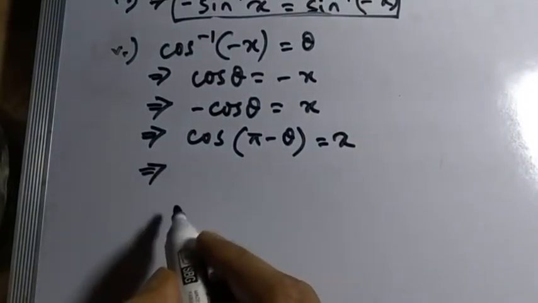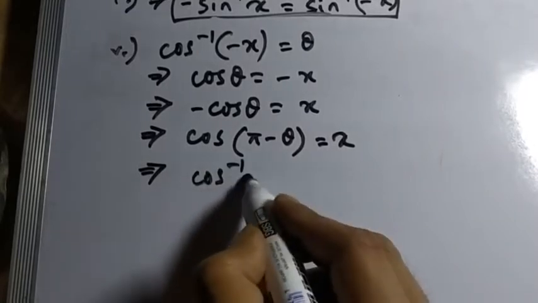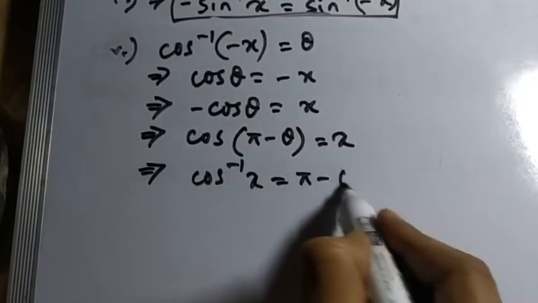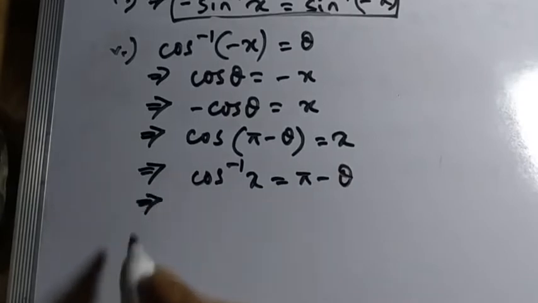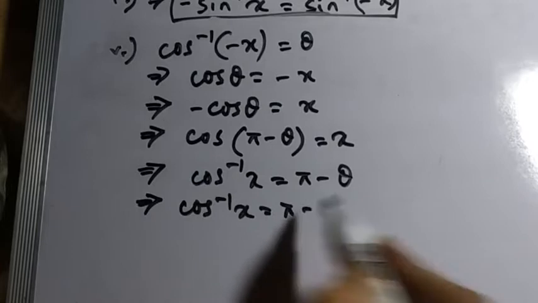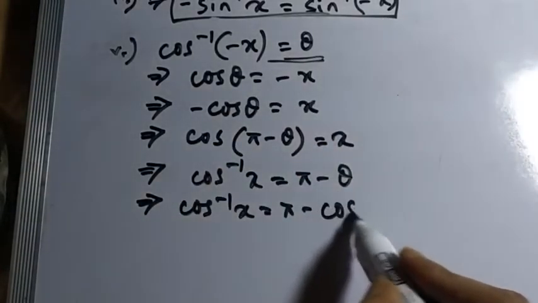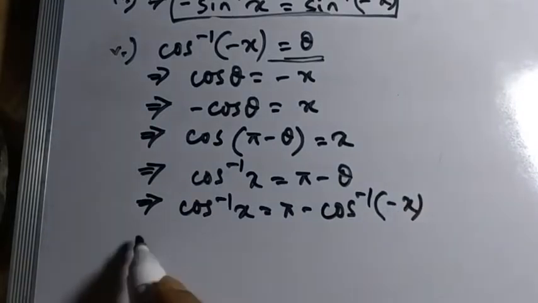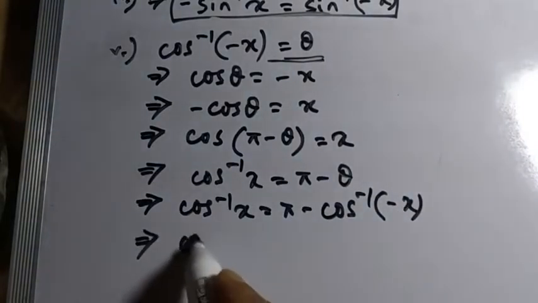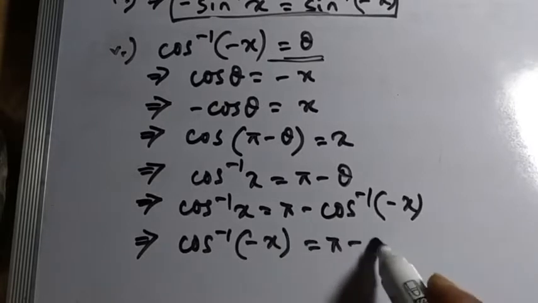So from here we can write that cos inverse x will be pi minus theta, and that means cos inverse x is equal to pi minus, what is theta? From this it should be cos inverse of minus x. So we can say cos inverse of minus x is equal to pi minus cos inverse x.